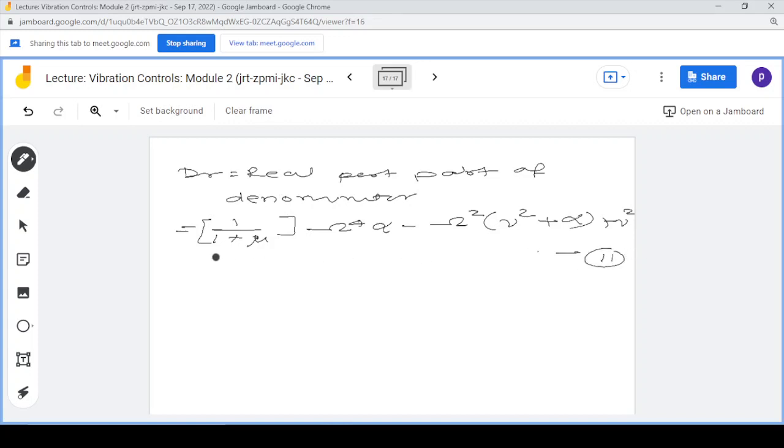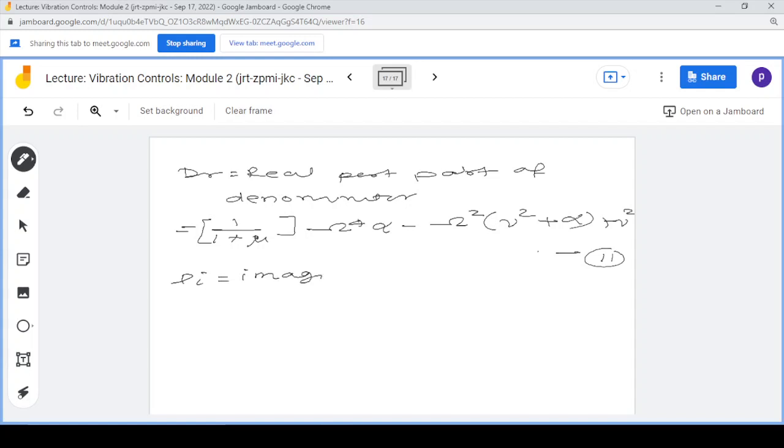Okay, so the real part of the denominator is 1 upon 1 plus mu into omega raised to 4 alpha minus omega square into bracket nu square plus alpha plus nu square.